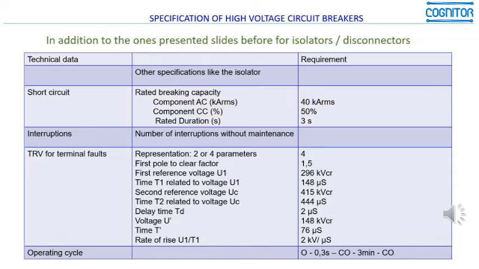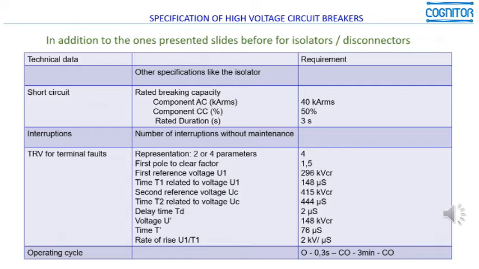Then open means that you apply one short circuit during the test, the circuit breaker will open the circuit, it will stay open for 0.3 seconds, then you close again on the short circuit, like a reclosing operation of the circuit breaker, and it will open again.